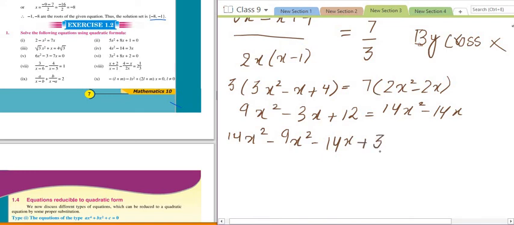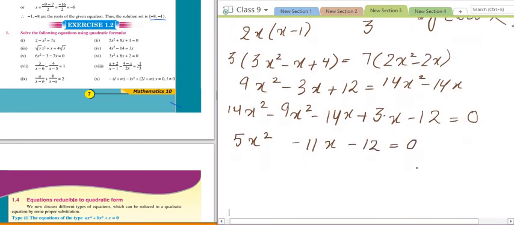Shift all the left hand side terms to the right. 3x minus 12 equals to 0. It becomes 14 minus 9 is 5x square, then minus 11x minus 12 equals to 0.